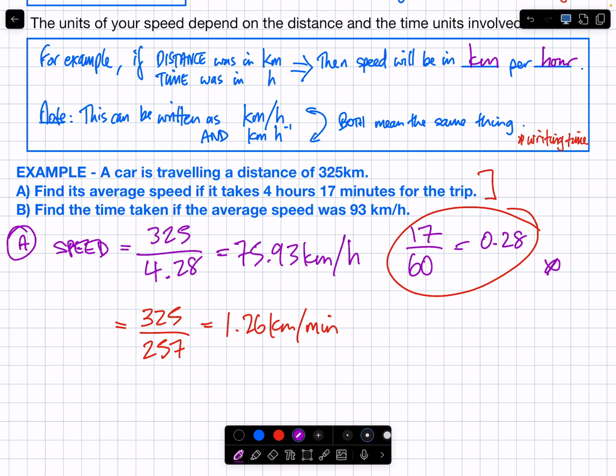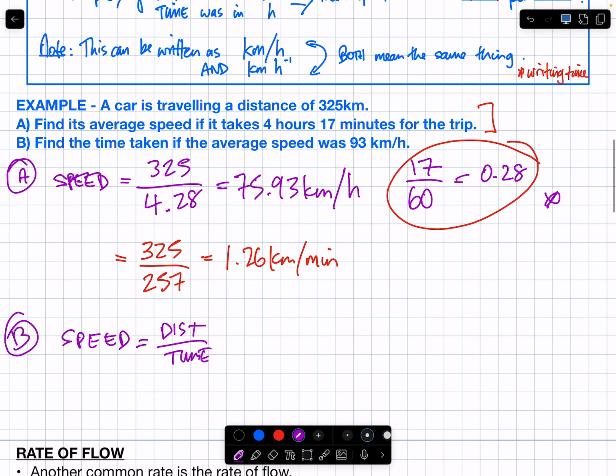B, find the time taken if the average speed was 93 kilometers an hour. Have I given you a formula that finds the time? No. I've given you speed is equal to distance over time. Is this equation set up to find the time?